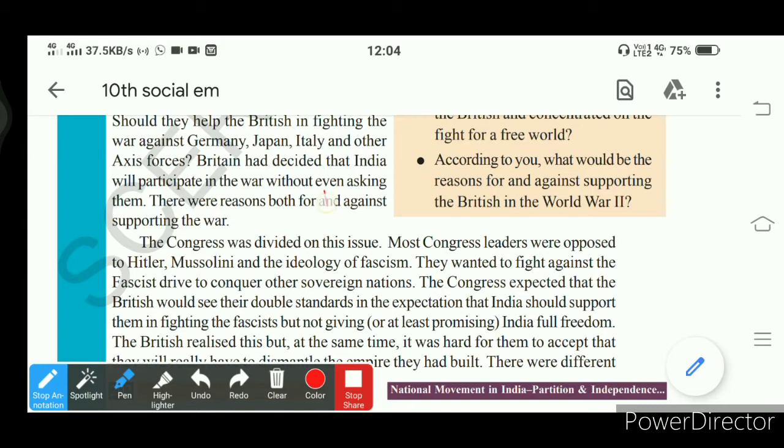And there we see that the British also declared that they would not give independence to India, though India supports Britain in the Second World War.